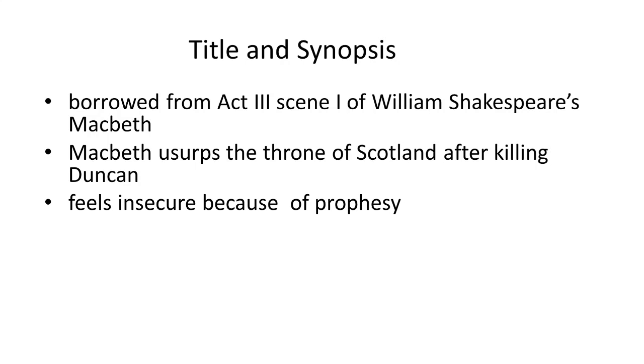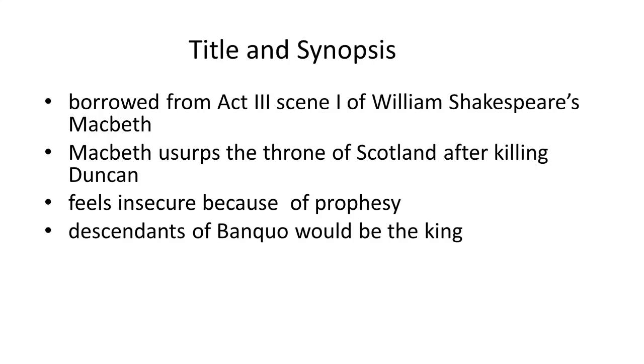So when he becomes the king, he feels insecure because of a few more prophecies. The prophecy also says that the descendants of Banquo would be the king. So Macbeth is worried about Banquo, who is a friend of the king of Scotland, Duncan.